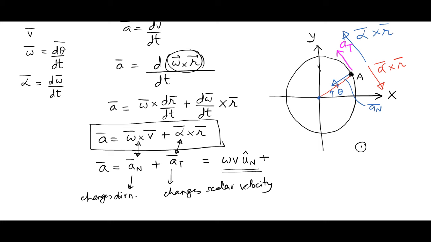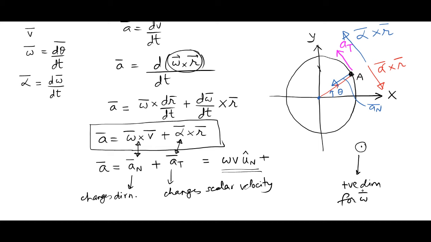So in this case, the particle is moving in the anti-clockwise direction, and then corresponding to that, the positive direction for omega bar must be out of the screen of the computer. So that's the positive direction for omega bar. And now we need to allot a positive direction for V bar.